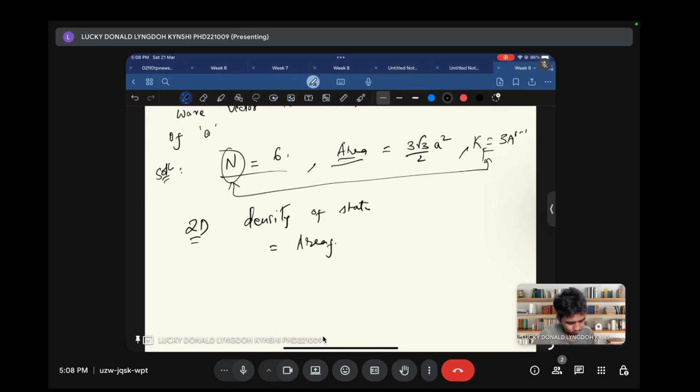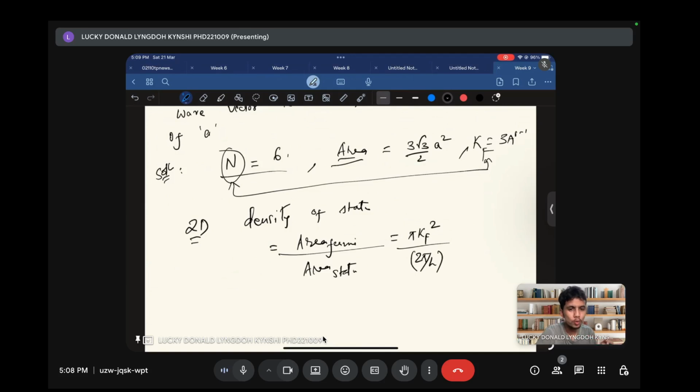You will have it equal to the area of your Fermi circle divided by the area of each state. The area will be pi kF square instead of pi r square, since this is in k space, divided by the area of each state. This is in two dimensions, so as we have seen last class, 2 pi by L is the length of each state along x or y or z.